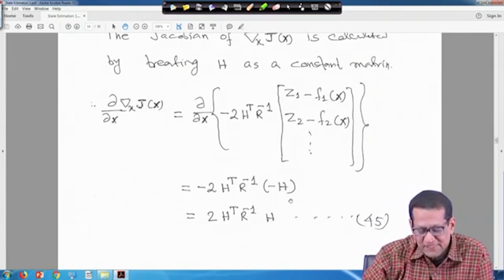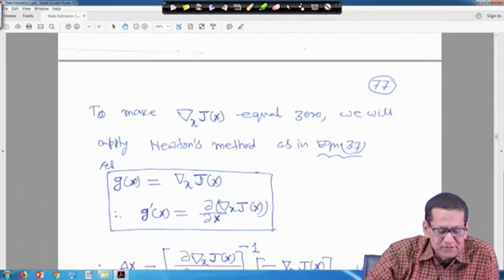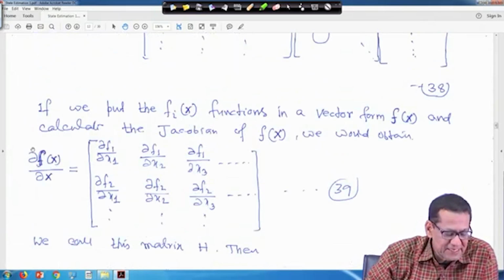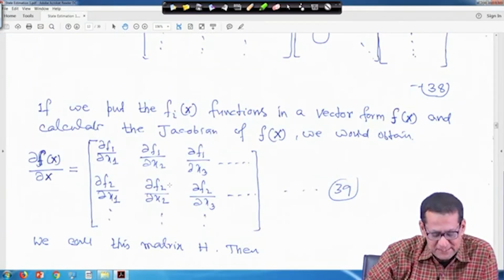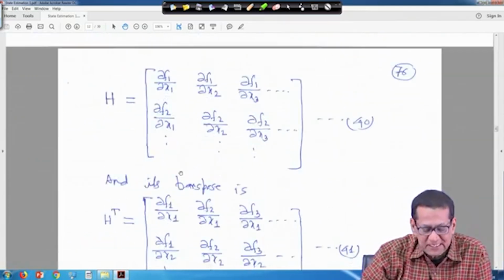Basically, it is nothing but your Jacobian matrix, because here we have shown that del f x upon del x is nothing but your Jacobian matrix, that is your H. Here it is H. That is equation 39.